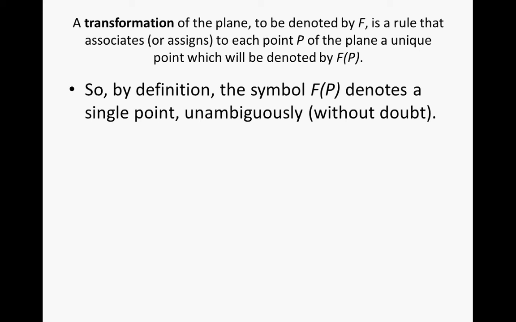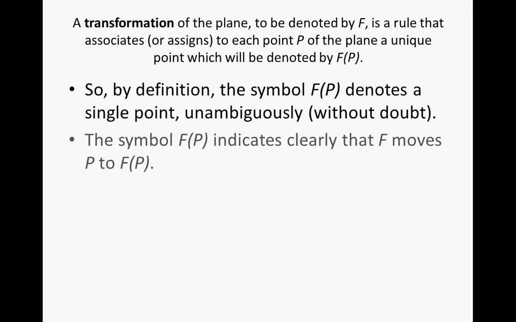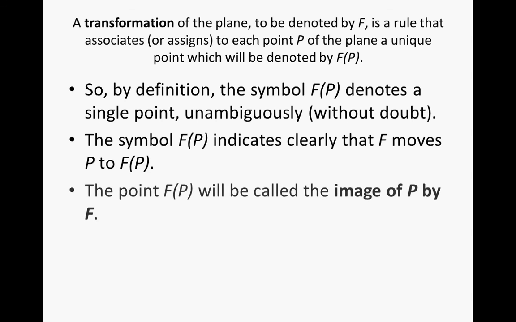That means without doubt. The symbol F of P indicates clearly that F moves P to F of P. The point F of P will be called the image of P by F. And we also say that F maps P to F of P.